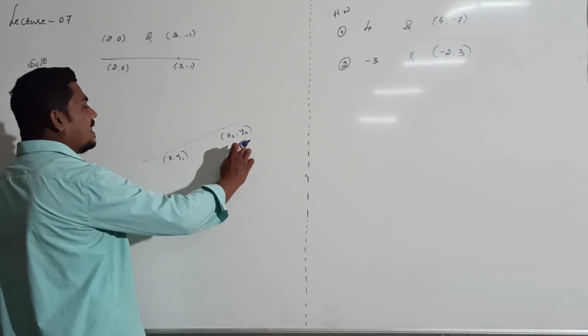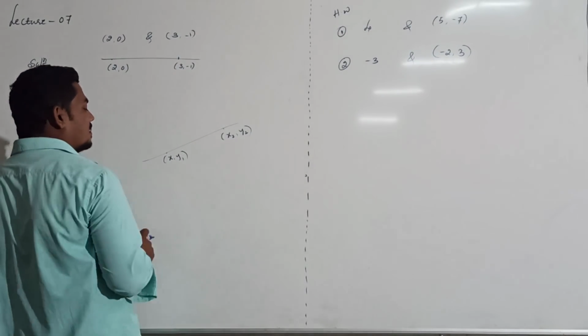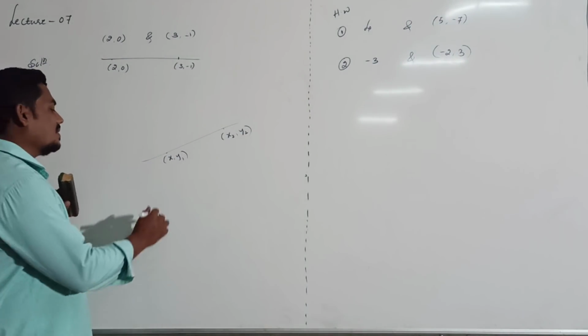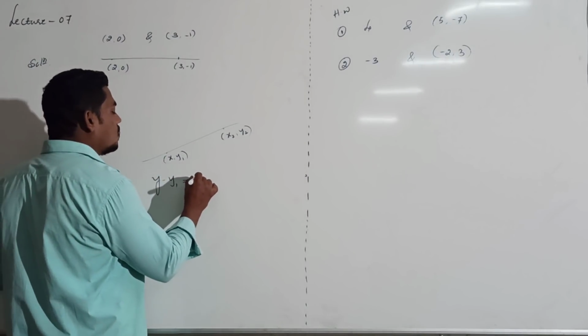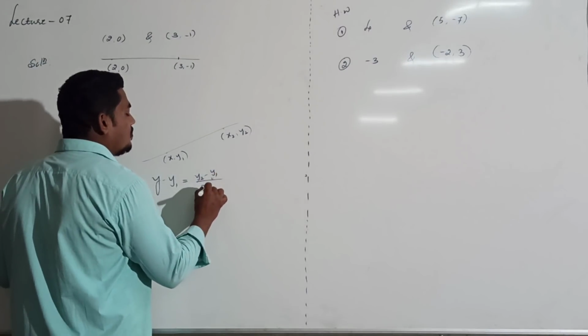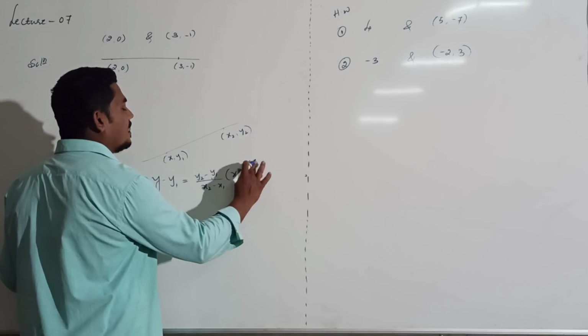Whenever 2 points on the given line are given, then the equation is y minus y1 is equal to (y2 minus y1) divided by (x2 minus x1) into (x minus x1).